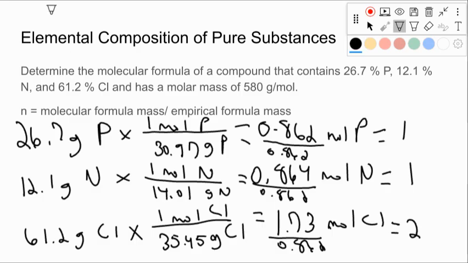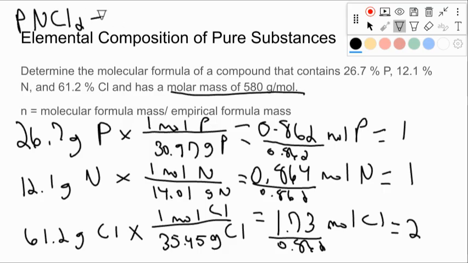So then I have as my formula PNCl2. That is my empirical formula. That means that these are the reduced down ratios. It's asking specifically for the molecular formula, if the molecular compound has a mass of 580 grams per mole.